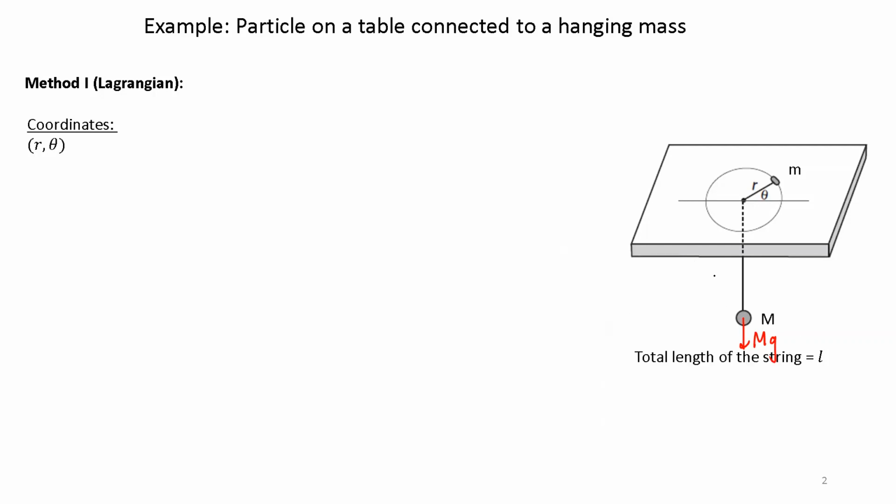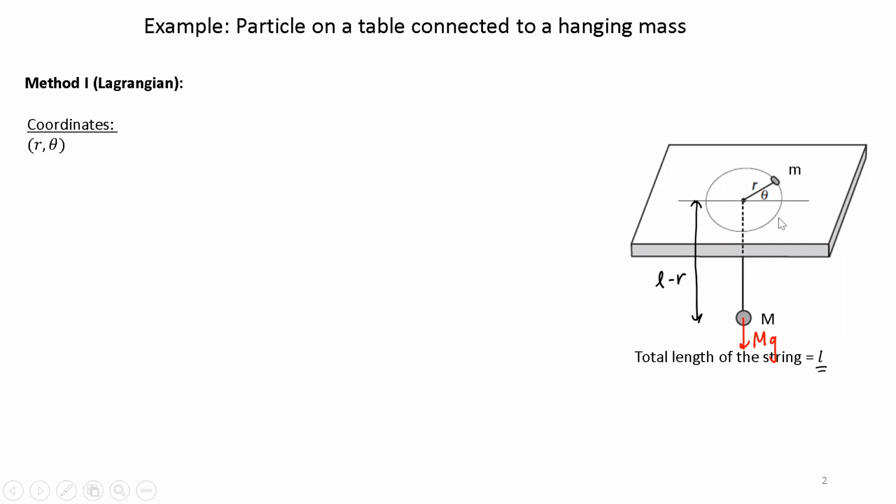For example, I need to know this distance over here to describe the height of this mass. But because the total length of the string is always L, once you know that this distance is small r, then this part must be L minus r. So just r and theta, the two coordinates, are enough to describe the entire system.